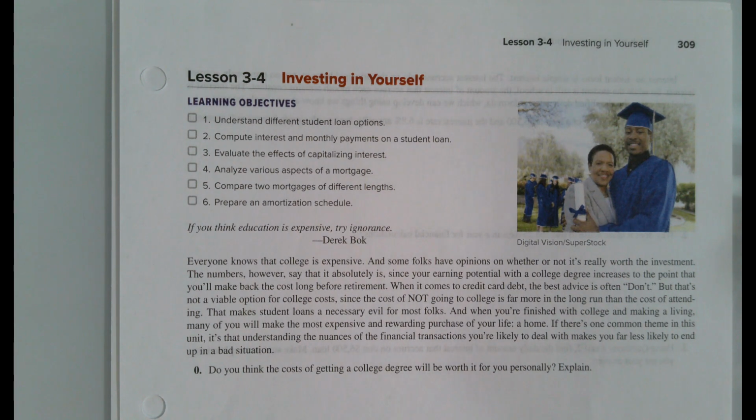The big difference here is you tend to borrow more money for student loans and mortgages. So it's a larger amount, I suppose depends on what kind of car you're buying, of course. And the length of the loans tend to be longer.